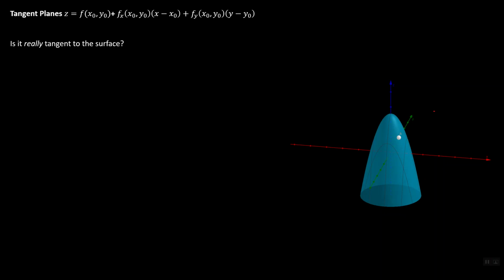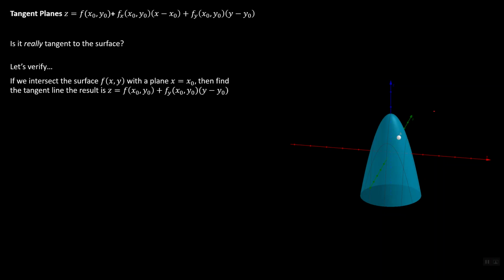If I have a surface like the blue one that I have plotted with the white dot, the point A on the surface, we can start off by intersecting our surface with a plane x equals a constant. We see that here, and then inside of that plane, let's find the tangent line.